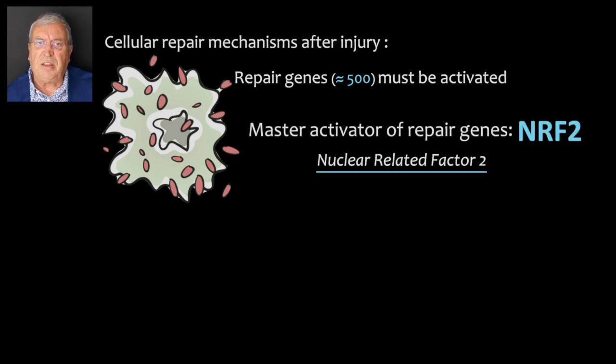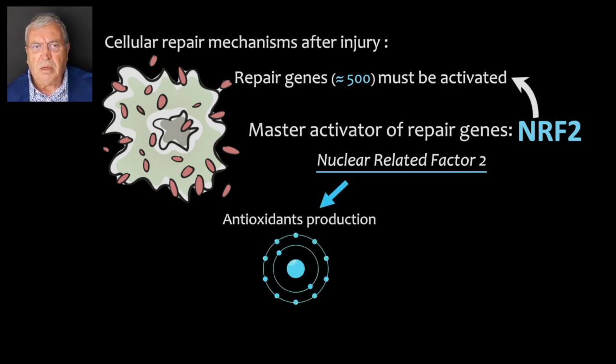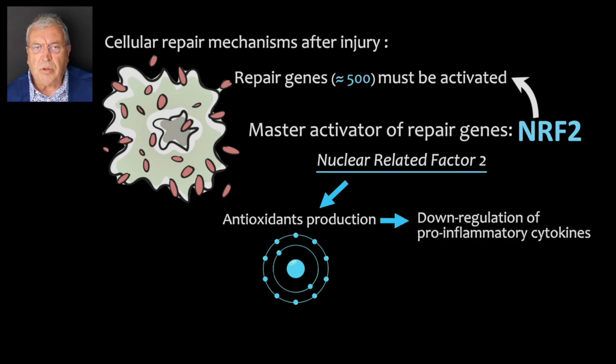But we need to activate them with the master activator, which is nuclear-related factor 2. When we activate this protein, we increase the antioxidant production, leading to the downregulation of the pro-inflammatory cytokines.